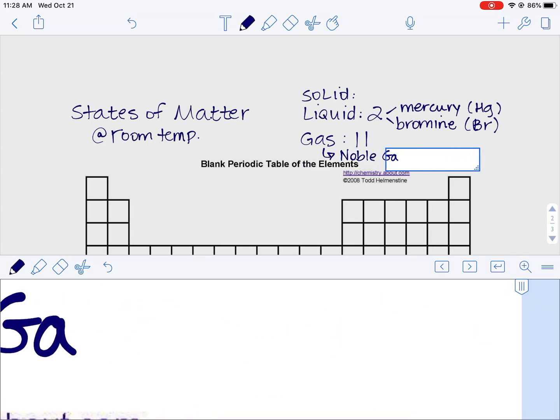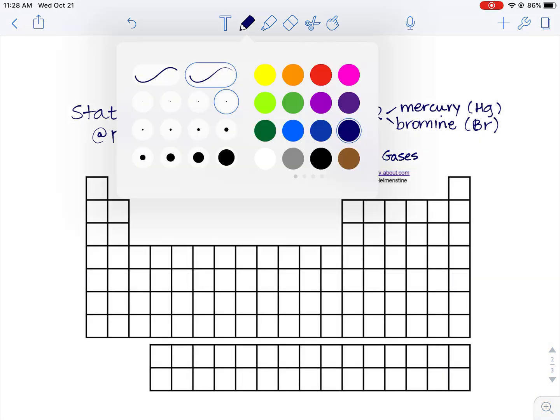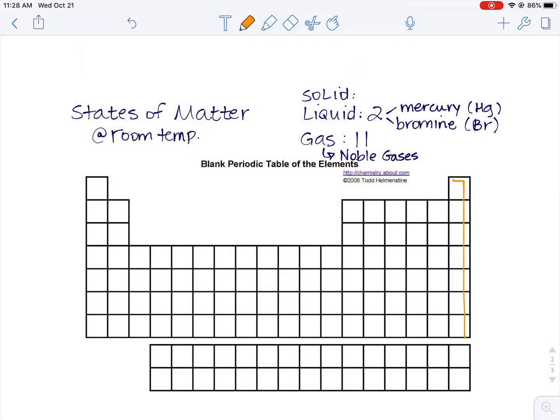They're the noble gases, easy to remember thanks to the name of their special group here. So we've got all of our noble gases here. That's 1, 2, 3, 4, 5, 6, well, 7. This is our newest discovery. It's not counted in the 11, sorry, so I'm just going to count those 6.